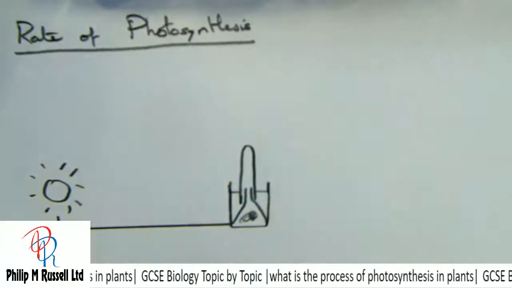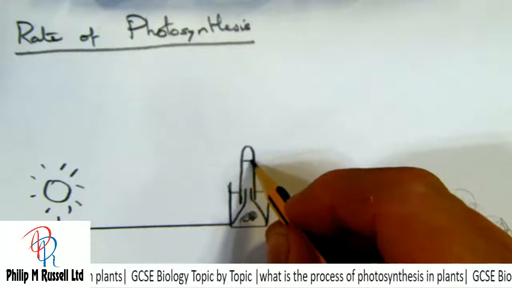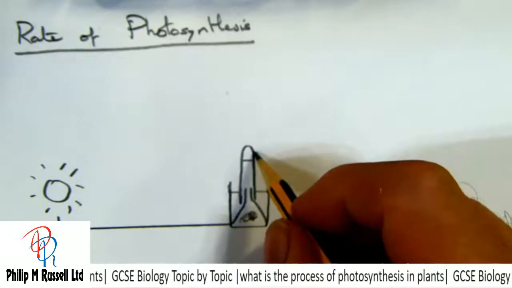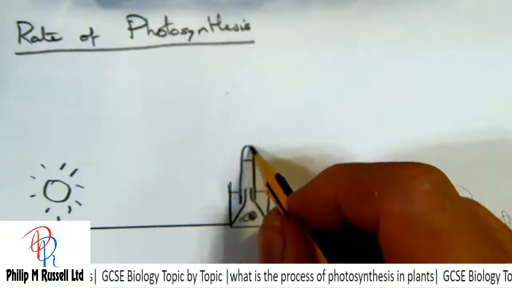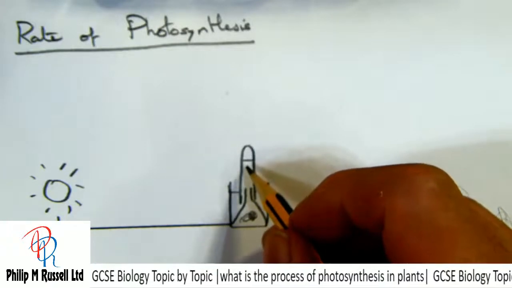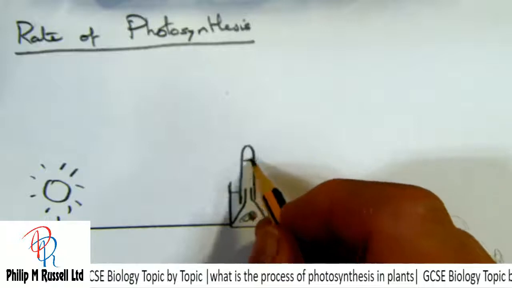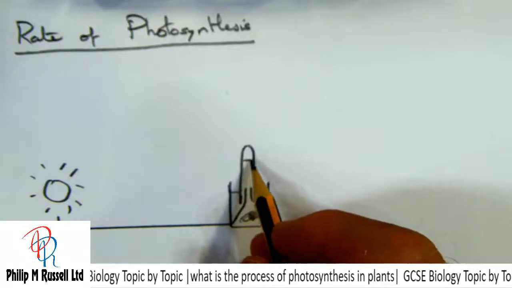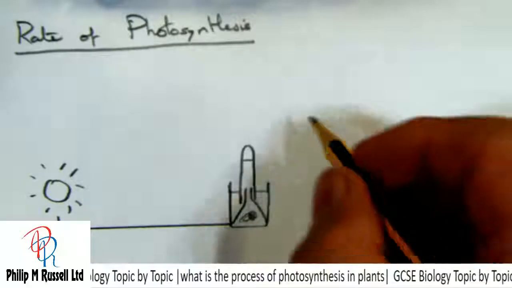So if we do it for a very long time, in the order of hours here, then we can collect and measure the amount of oxygen, and it is largely oxygen in there. If we're going to do it for a shorter period of time, then we count the bubbles.